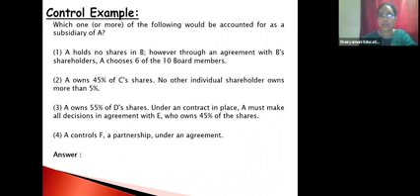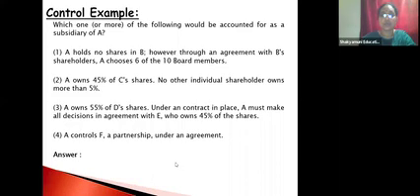Through an agreement with the other shareholders, that means the 100% shareholders of B. So whether A is a parent or not, whether B is a subsidiary: since A has the power to appoint more than 50% of the board of directors, A is a parent and B is a subsidiary of A. So in 1, B is a subsidiary.